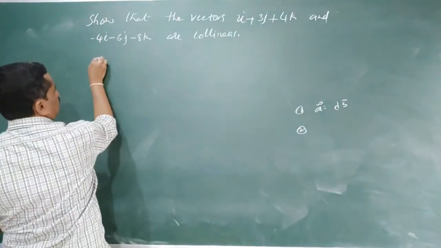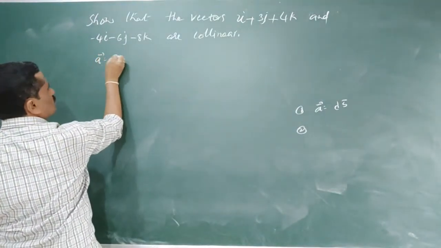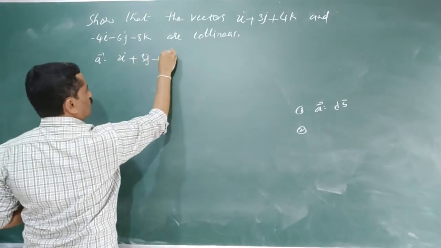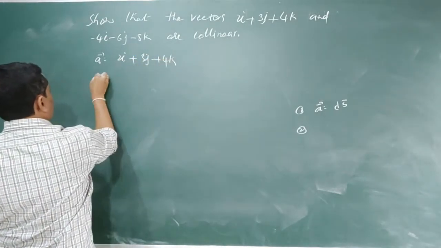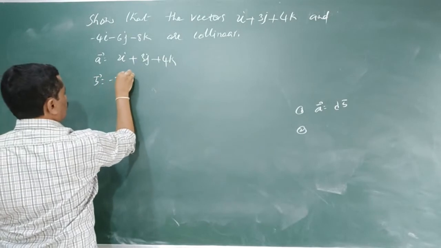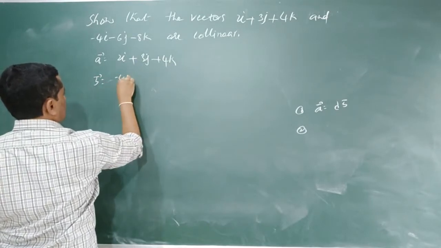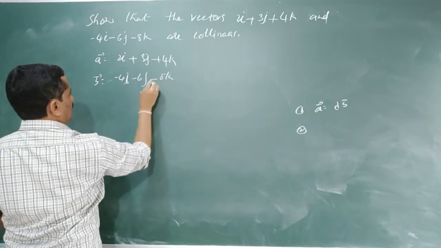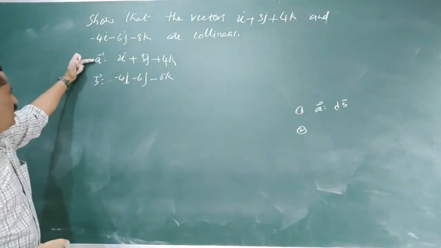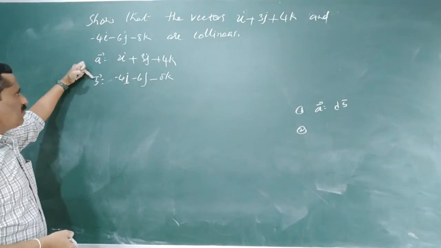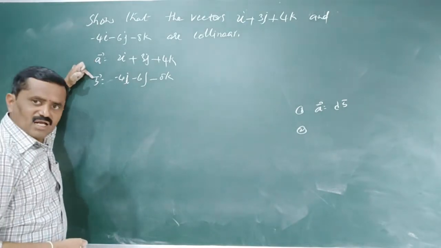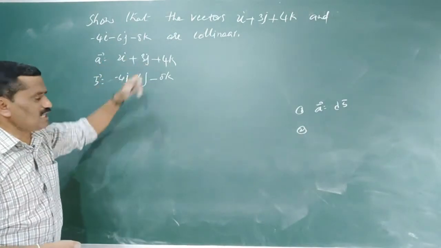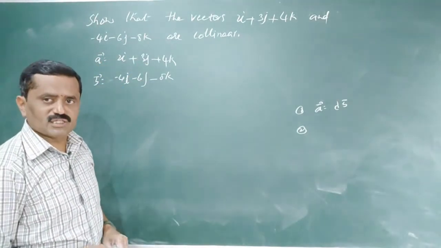So that is vector A bar is equal to 2i plus 3j plus 4k and B bar is equal to minus 4i minus 6j minus 8k. Now A bar and B bar are collinear if and only if their corresponding components are proportional to each other.